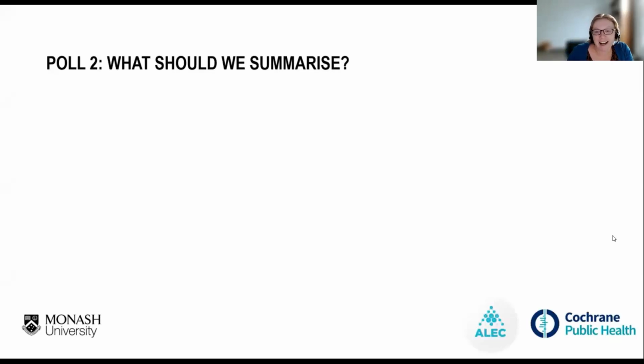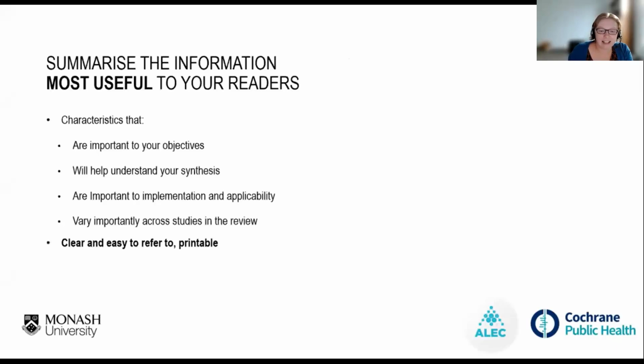But also, one of the things that's important to acknowledge is that the thing that you need to summarize is the thing that's going to be the most useful to your readers. So what are the key characteristics of your review that are going to be the most important to understanding what's going on? Your review might have different objectives, for example, relating to different subpopulations of people.